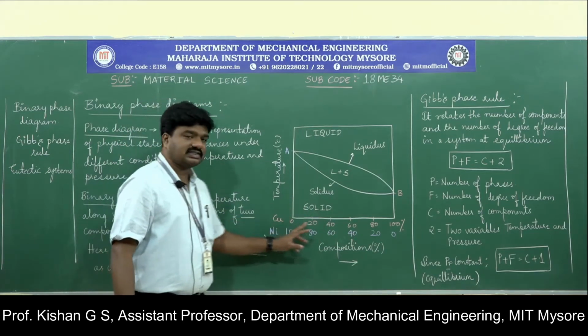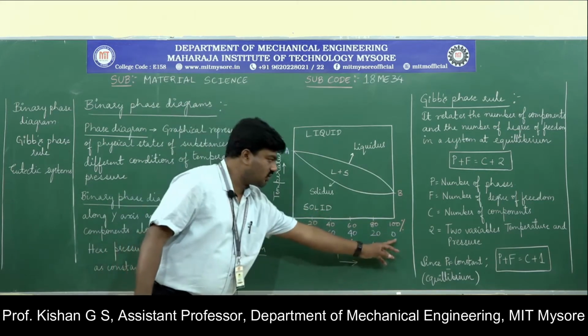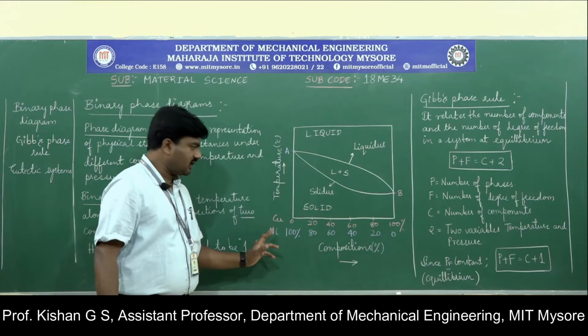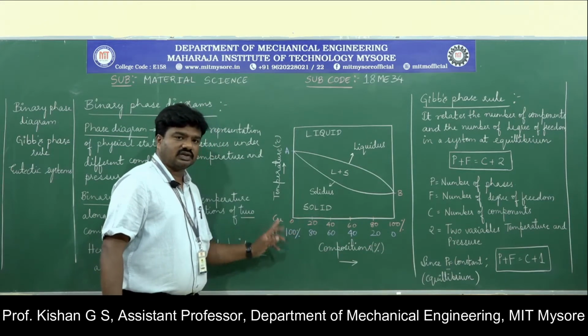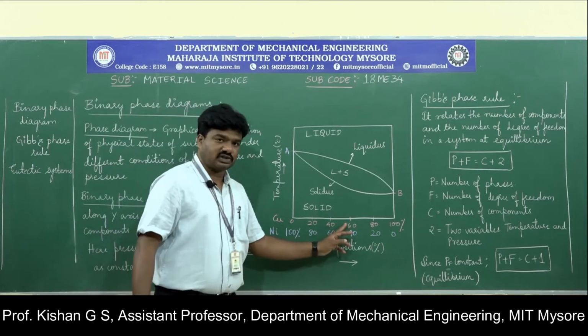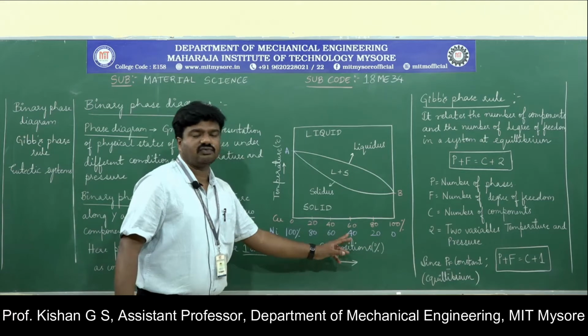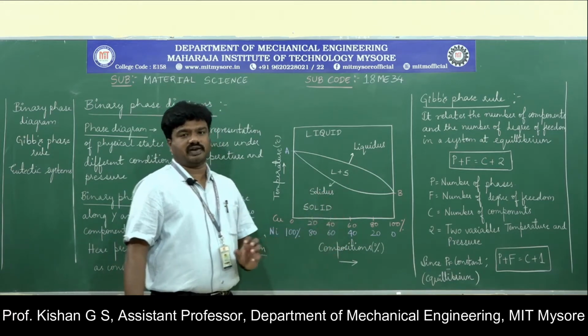You can observe the x-axis is 0 to 100, and simultaneously 0 to 100 from the right side. That means if we have 0% of copper in the mixture, then it consists of 100% of nickel. Similarly, if we take 60% of copper, then we will have 40% of nickel. So this is the combination of the two materials.